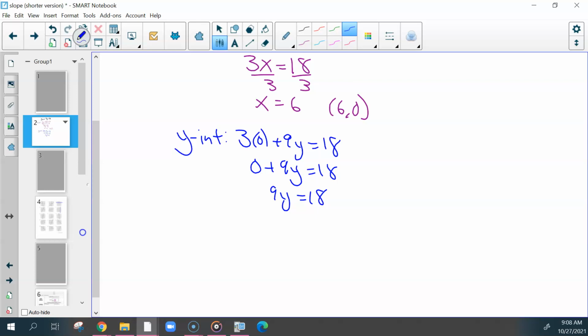Because we put 0 in for x, we can really just write 9y equals 18 and solve from there by dividing both sides by 9. To get the ordered pair 0, 2. So if you get something in this format, that would be how you go about solving that.